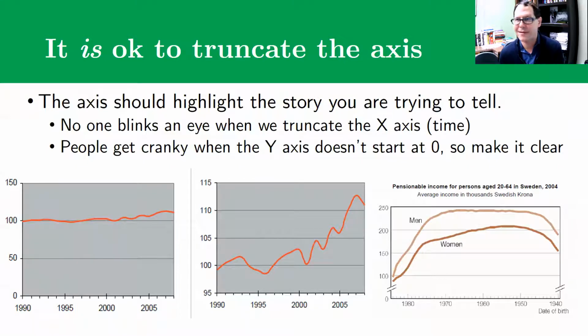There's nothing happening in this area that you would want to pay attention to, so we're just going to compress it, and we're telling you that we're compressing it. And maybe that's a nice middle ground, but I think it's always worth keeping in mind, when thinking about those decisions about whether you're going to show the white space or truncate your axes, what makes most sense to communicate the relevant information to your audience.